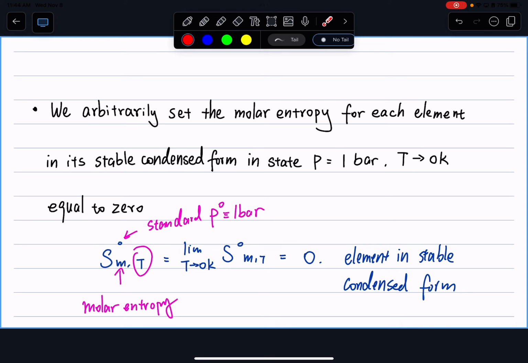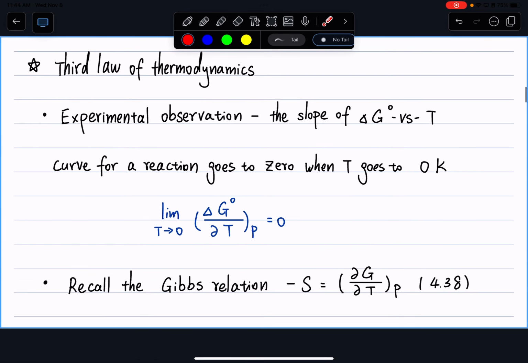So, we have 5 minutes. Let me just quickly introduce you to the third law of thermodynamics, and we'll do that again at the beginning of our next lecture, which is next Monday. So, the third law of thermodynamics starts from an experimental observation. When you plot delta G naught, or delta G of a reaction, versus temperature, the slope of that curve goes to 0 when your temperature goes to 0, okay?